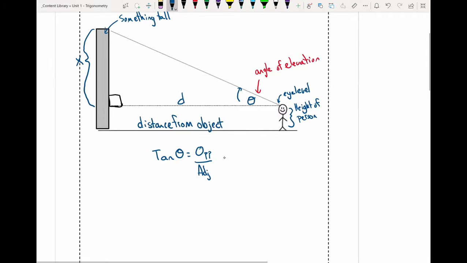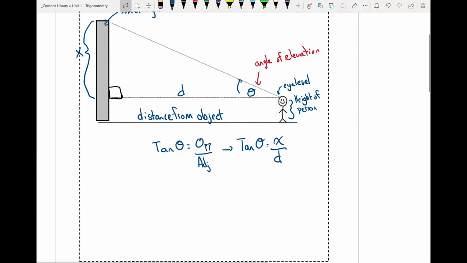And in this case, we're going to still call it tan theta. Our angle is still the same. But based on our image, we're going to need to know x, part of the height, over d, which is the distance from the object.